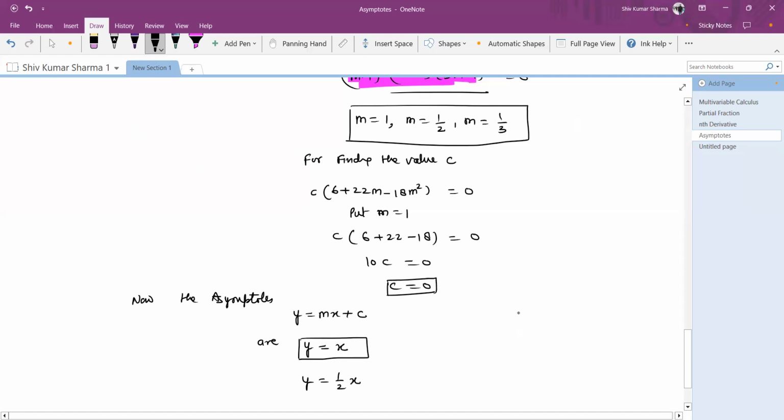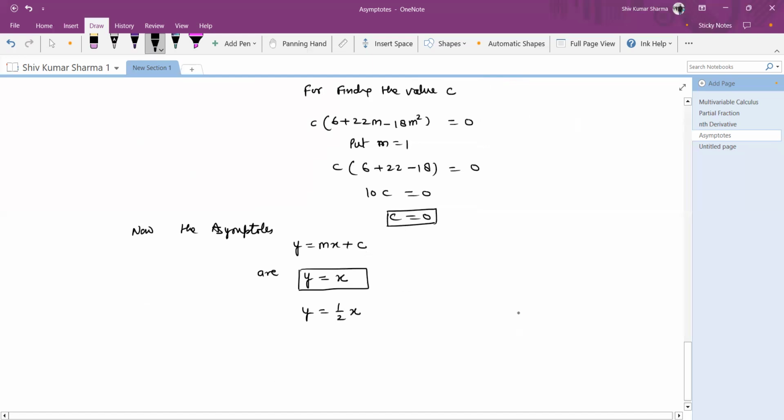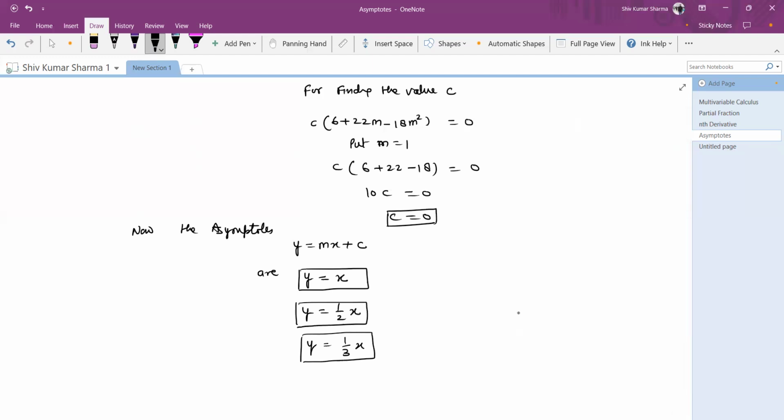So this is our second asymptote. And when we put m equal to 1 by 3, this is our third asymptote. So we have a third degree equation having three asymptotes: y equal to x, y equal to x by 2, and y equal to x by 3. So we have three asymptotes. Now this is the traditional method to solve for the asymptotes.